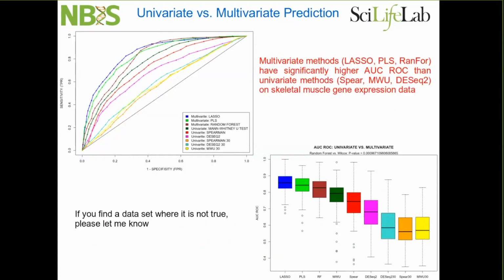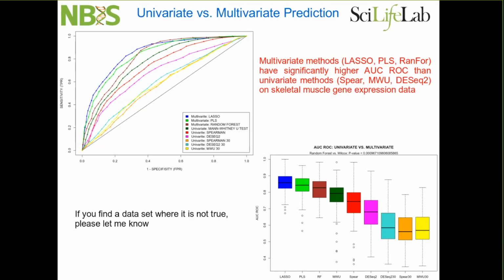And here I also promised to show some comparison of predictive power between univariate and multivariate methods, if you're interested, because I mentioned previously that you should do feature selection through multivariate methods. And usually when you do any type of analysis, you should think at least about multivariate analysis because it tends to have higher predictive capacity.